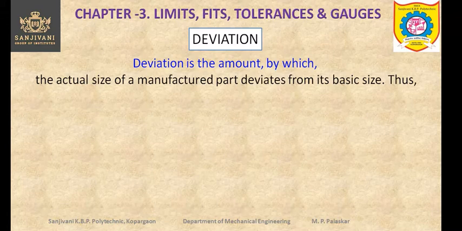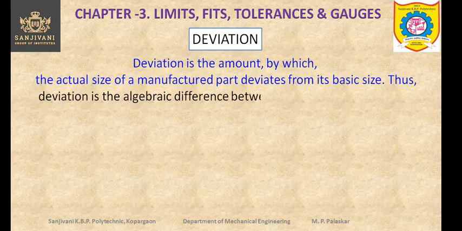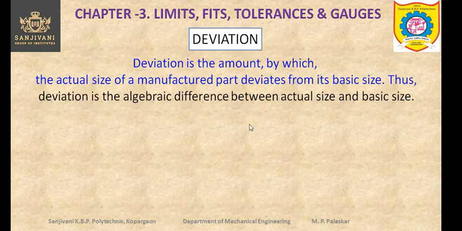That we must know: how much is the deviation of the actual size from the basic size? Thus the deviation is the algebraic difference between the actual size and the basic size.